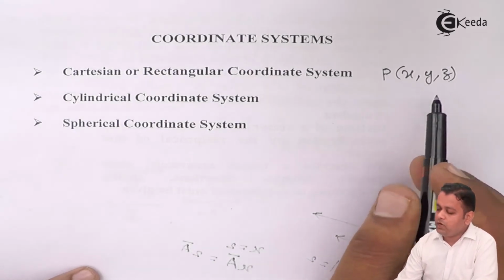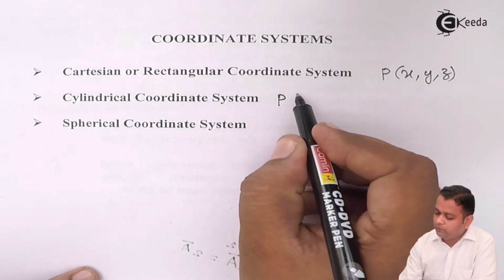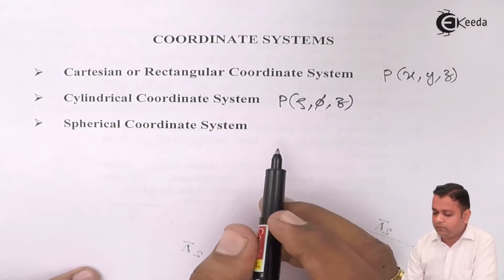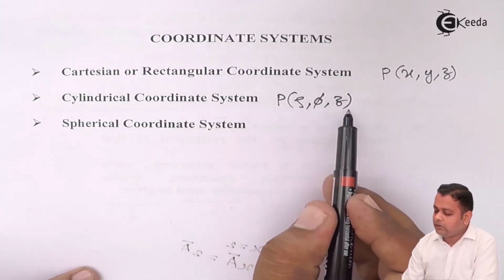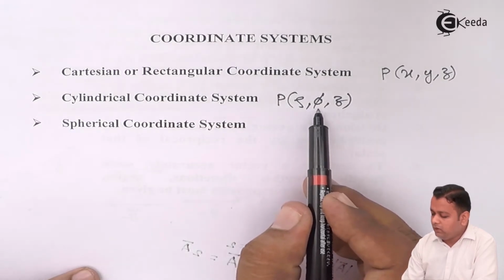Whereas the same point P is represented in cylindrical coordinate system as rho, phi, z. Here rho and z are the distances, whereas phi is the angle.